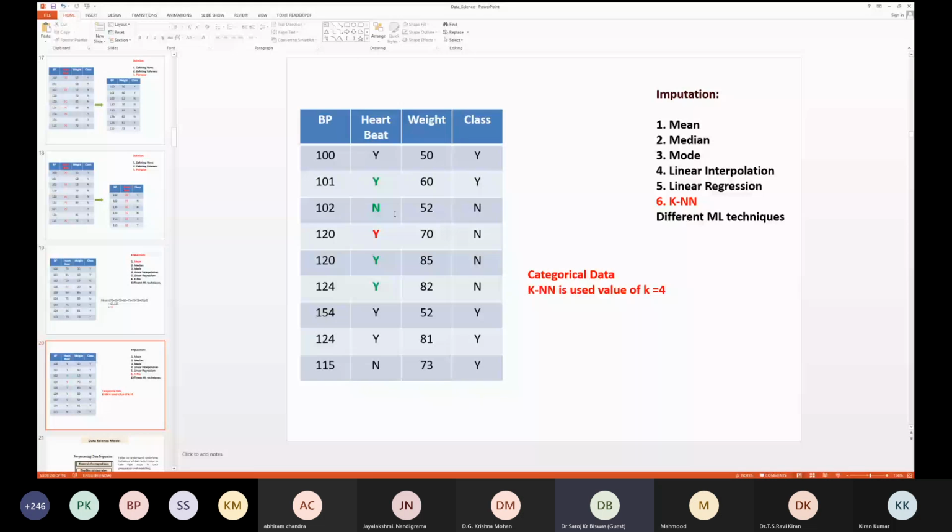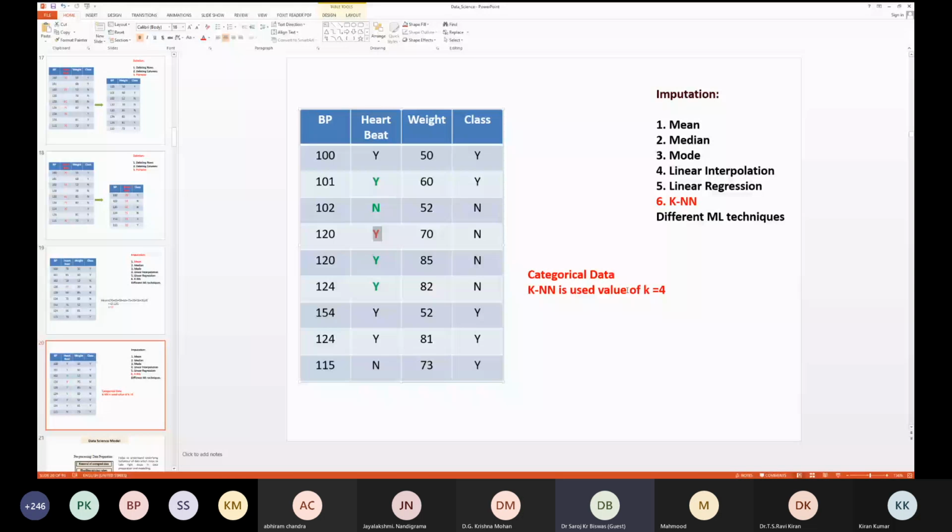Yes is the majority. That's why the missing value would be imputed by yes, if it is categorical. So based on the nature of the data and the techniques available, as a domain expert, you have to decide which technique you are going to adopt. In that way, we can handle the missing values.